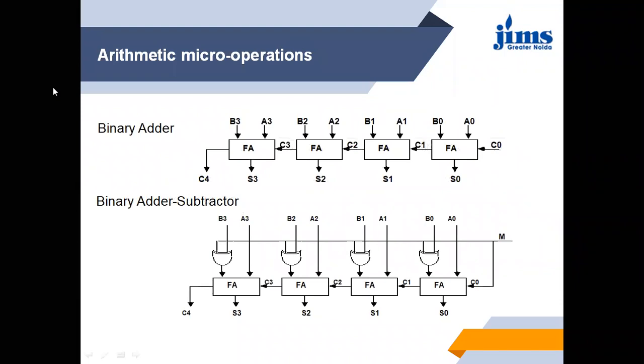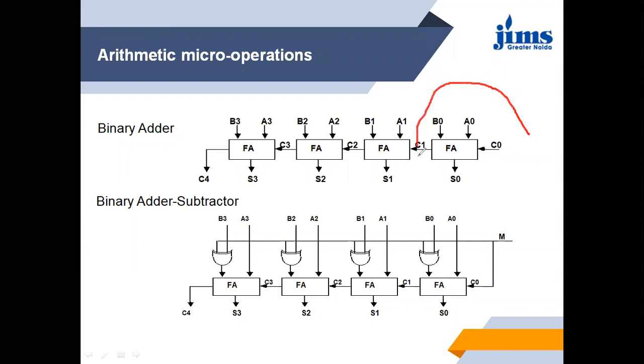So these are the circuits we discussed when we were doing the revision of digital electronics. This is the circuit for the binary adder. We discussed this one, of a single unit. This is a full adder.